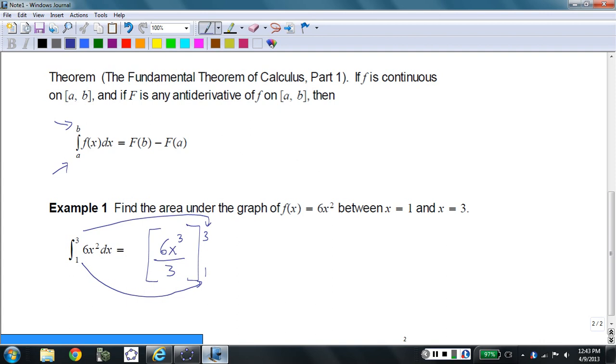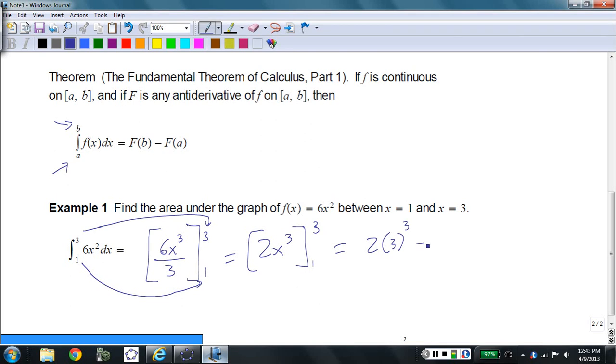So I'll simplify it. It's 2x cubed, right? 2x cubed is an expression that we could take the derivative of and get 6x squared. Sure, that's an antiderivative. 2x cubed plus any constant will work, but let's let the constant be 0. Now, we want a number, not an expression. So take the 3 and evaluate the expression there: 2 times 3 cubed.